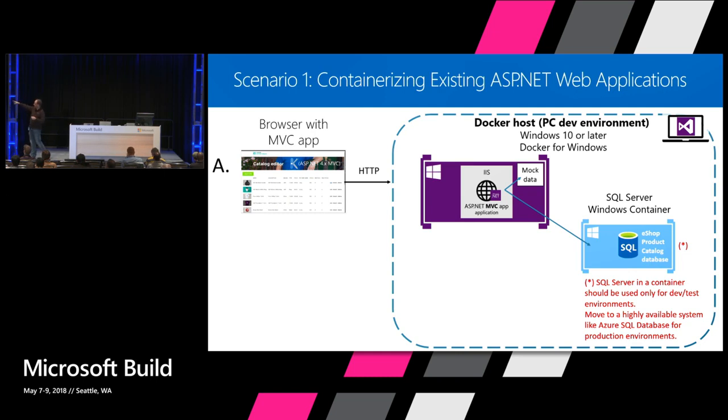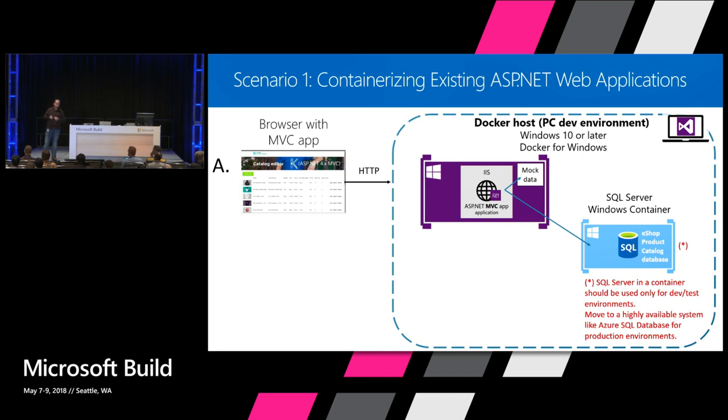The first one is an MVC application that we are going to containerize and then deploy into your Docker host in your PC. So in your PC, you need to install Docker for Windows and Visual Studio, and we will deploy that app in a container. We can also deploy the database as a SQL container on Windows.